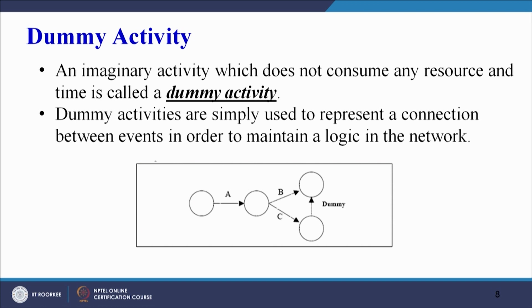Suppose we have 2 more activities which we call D and E. D has the predecessor B only, and E has the predecessor C only. Again, D has a predecessor B and E has a predecessor C.